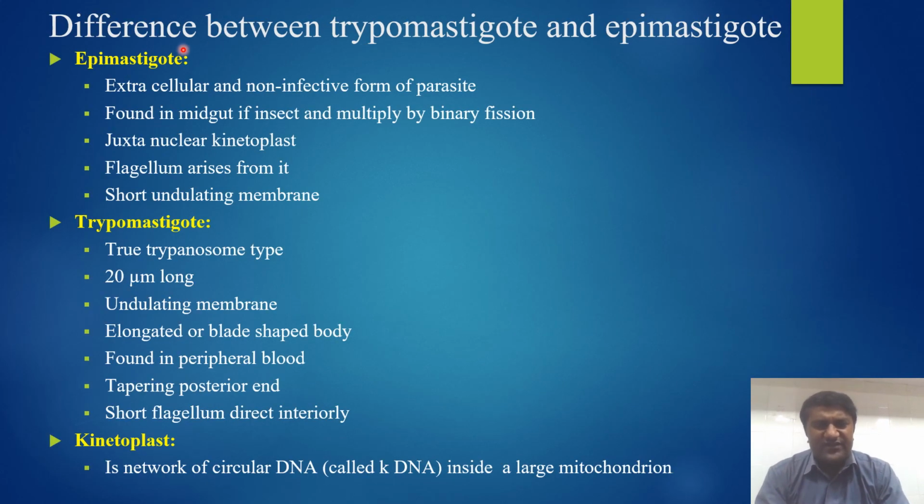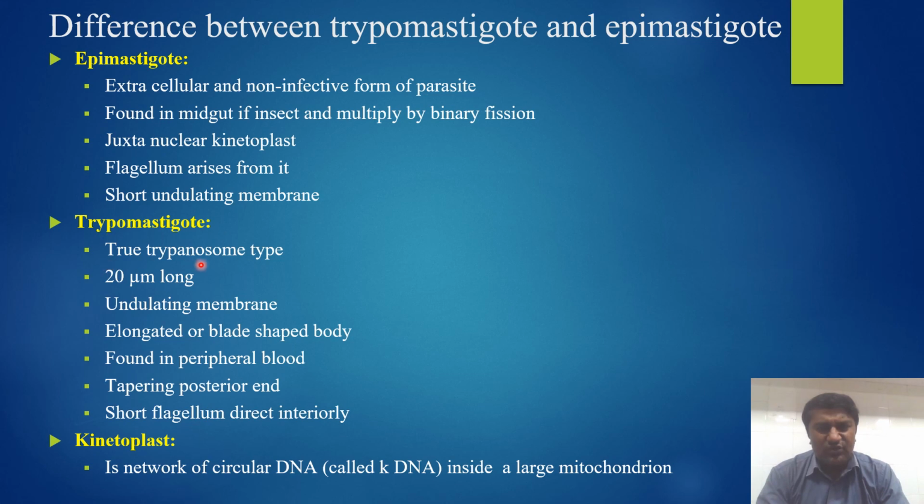So the difference between the trypomastigote and epimastigote forms of the trypanosoma: the epimastigote is the extracellular and non-invasive form of the parasite, found in the midgut of the insect, multiplying by binary fission, with juxtanuclear kinetoplast and flagellum arising from it, and a short undulating membrane.